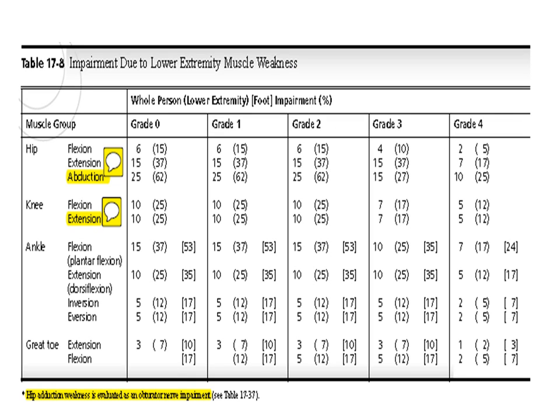So recall table 17.8 gives us the impairment values due to lower extremity muscle weakness due to non-neural structures. So we're testing specific motions as relates to injury to non-neural structures. Chapter 16 and chapter 17 also describe muscle weakness due to neural injury, but that's not going to be the focus of our discussion here.